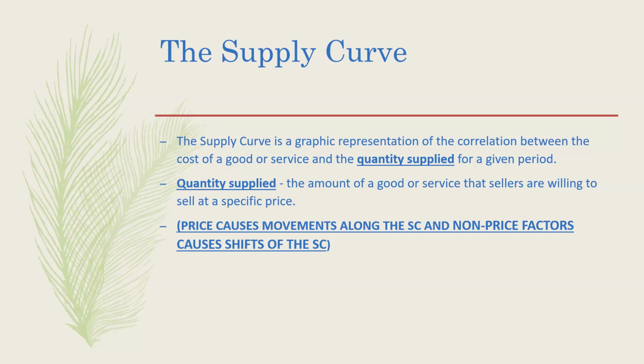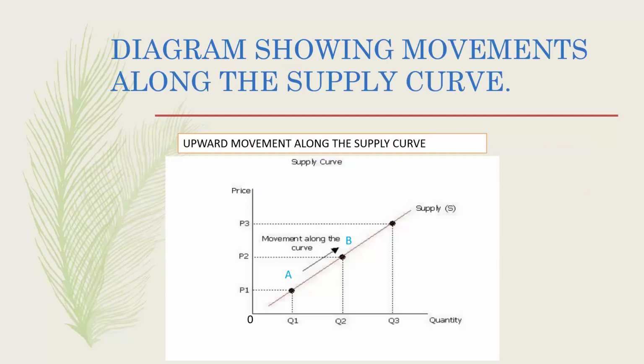But let me show you all, if you all may have forgotten last week's session in terms of movements. This is a diagram showing a movement along the supply curve. We are seeing an upward movement along the supply curve. What does that say? The only way you will see something like this happening is if price goes up.